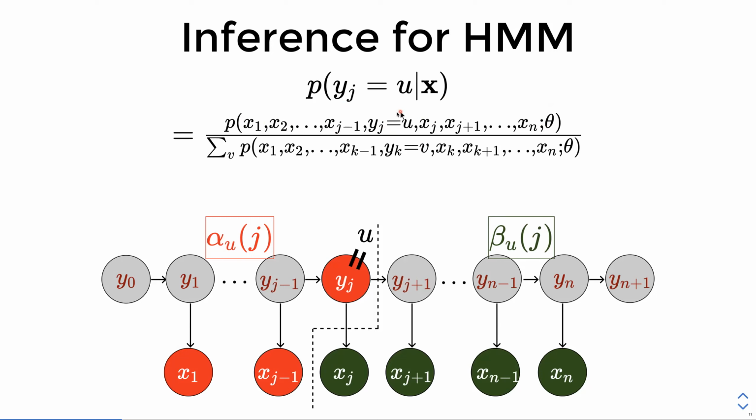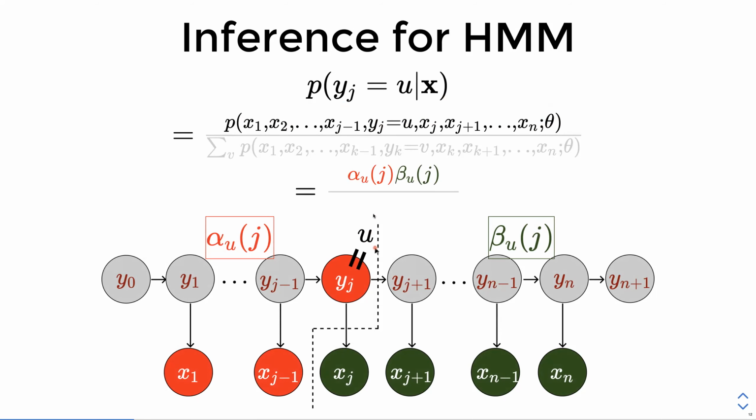Now let's look at what's upstairs here. The joint probability says that yj takes a value u. In the last lecture, we said that we can introduce the alpha term and beta term here. The alpha term is the joint probability of everything in red here, and beta is the conditional probability of these guys, given the fact that yj takes a value u.